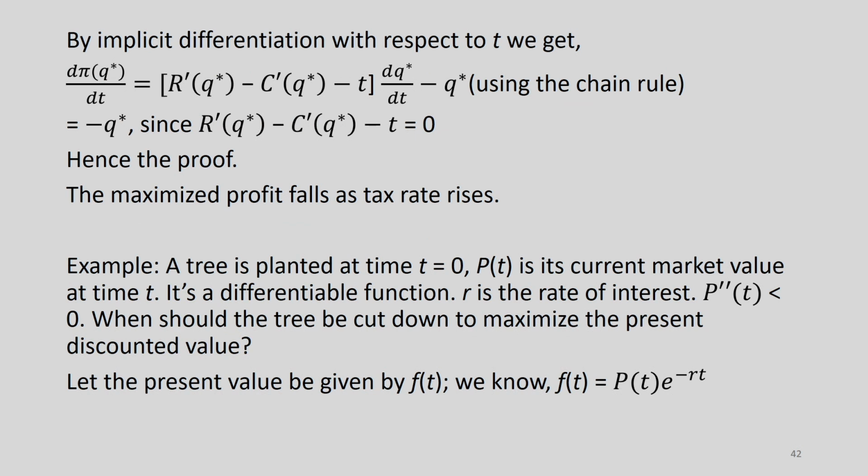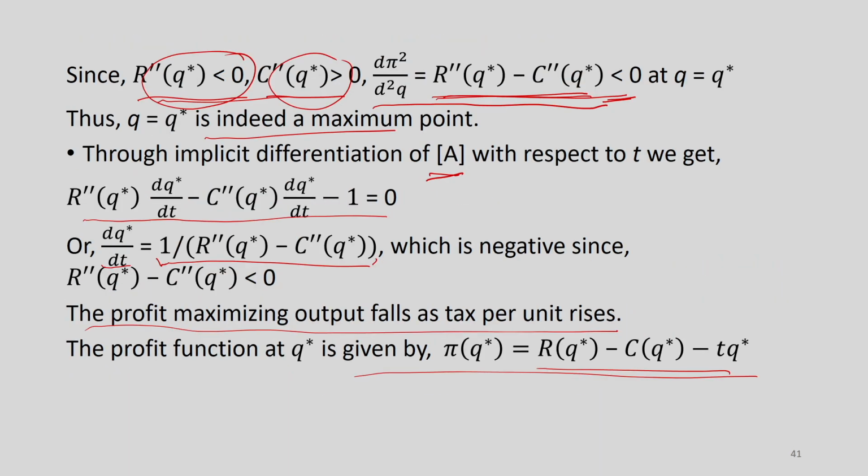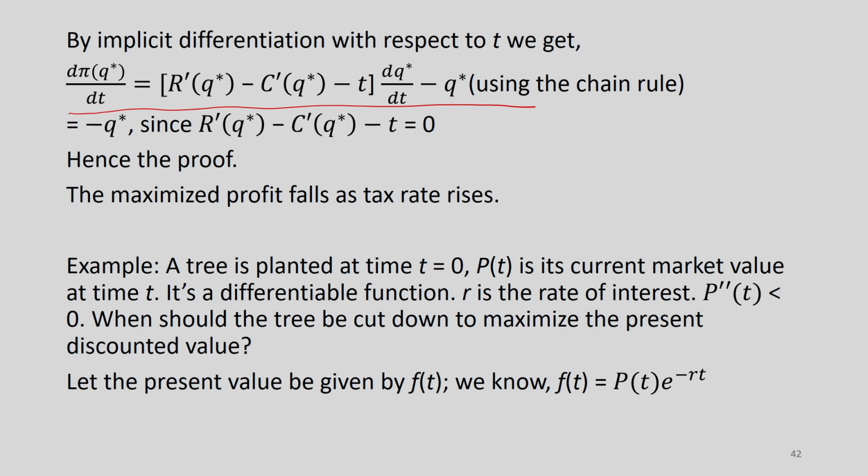Now, again we are taking the help of implicit differentiation. I am differentiating with respect to t, and doing so, this is what I am going to get, right. So, first I am going to take the differentiation of this with respect to q star and dq star dt, and there will be one minus q star term here.